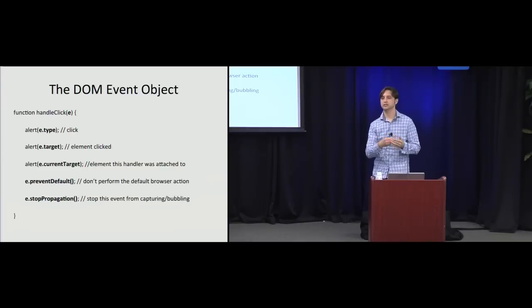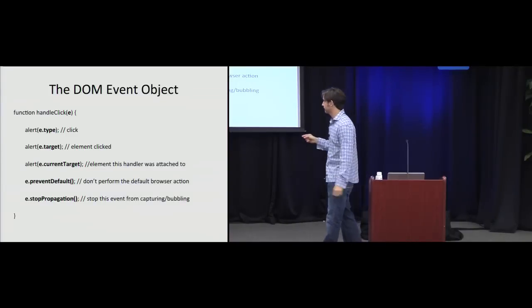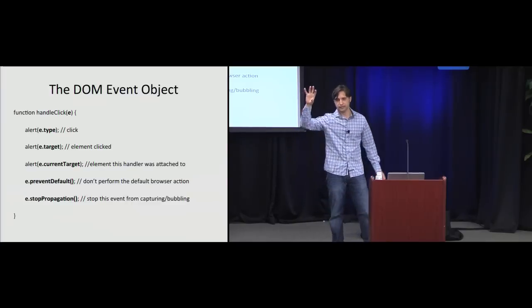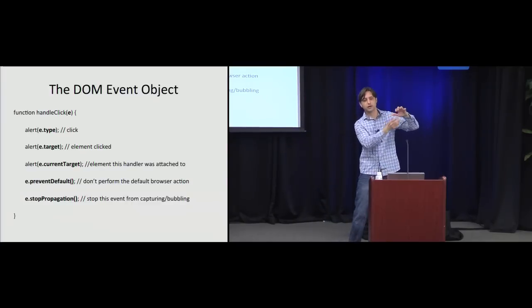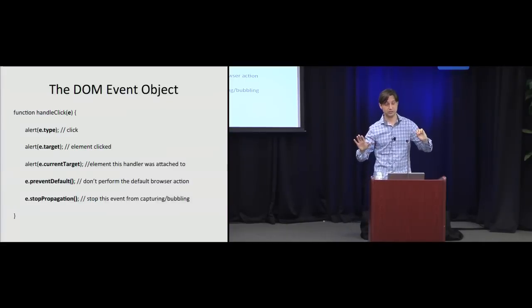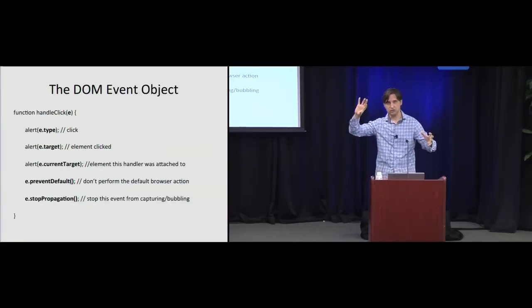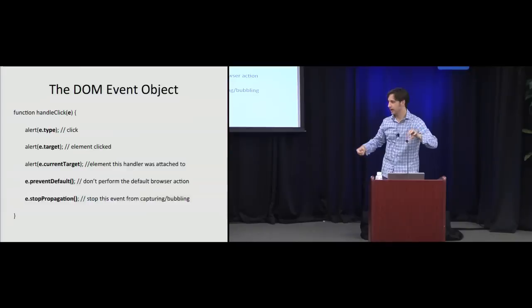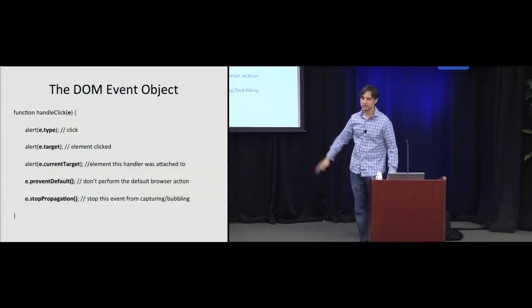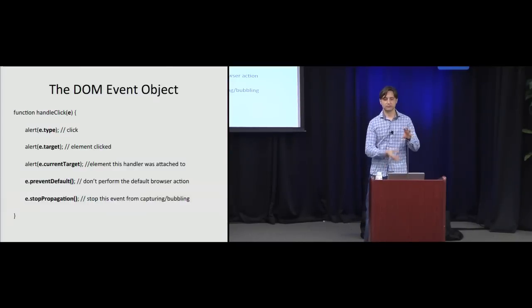You've just told the browser, whatever happens, don't do what you typically do. Stop propagation stops the flow. So whether you're in the capturing phase, the target phase, or the bubbling phase, your handler can say stop. This is pretty much bad practice, because people program in a way that expects this process to happen. You generally do not want to stop the propagation, stop the event from going any further.